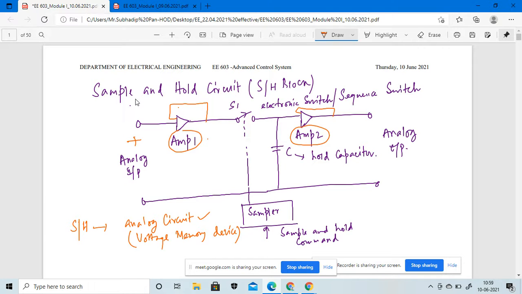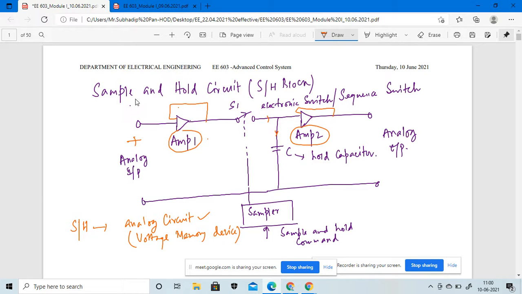The capacitor has low leakage and low dielectric absorption characteristics. Here we are using the electronic switch, or the sequential switch, which will be connected with the hold capacitor.